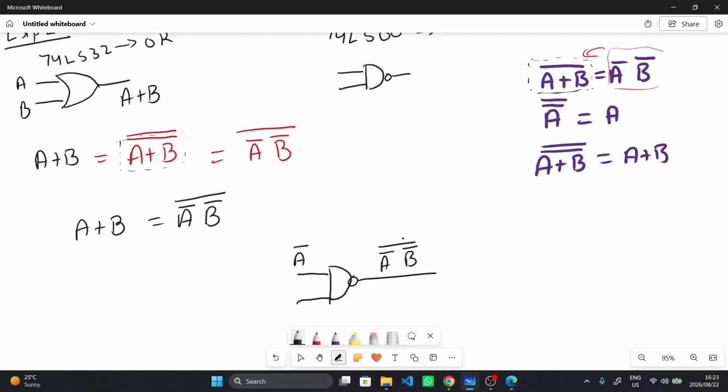So your input is not A and not B. Then we need a NOT gate, so we can use two NAND gates again, right? So A input, then B input. So this becomes our NOT gate, that becomes our NAND, and the combination of these NAND gates will give you your OR gate, right?